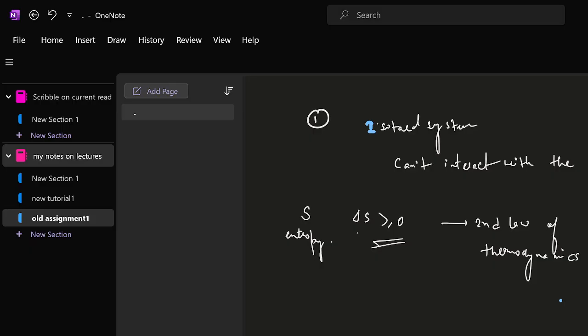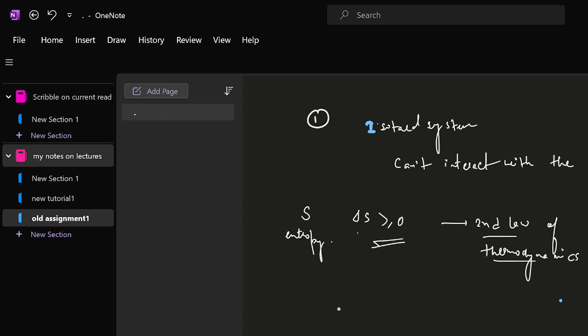Okay, so I was telling you that an isolated system means the system cannot interact with any of its surroundings. It is completely isolated from anything else. For such a system, the second law of thermodynamics tells you that the change in entropy, delta S, should either be equal to 0 or greater than 0. Greater than 0 is the most likely case, because in nature most processes are irreversible.